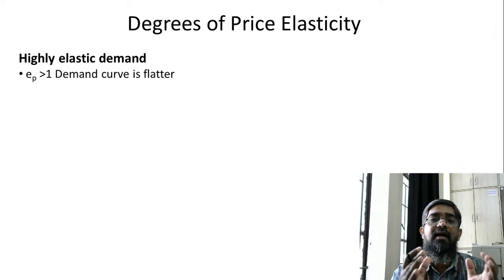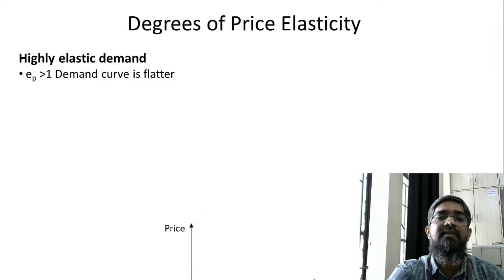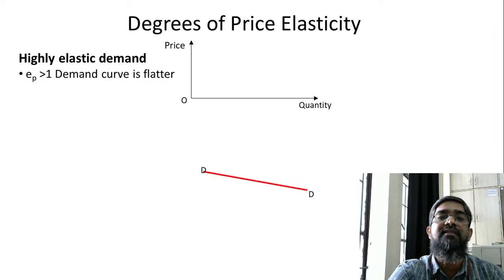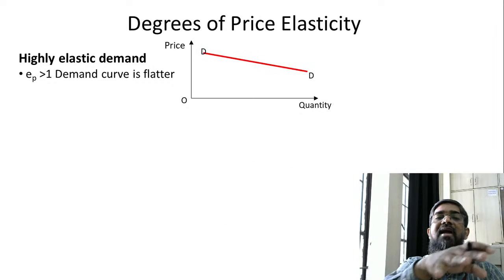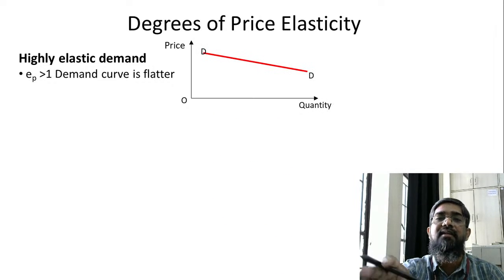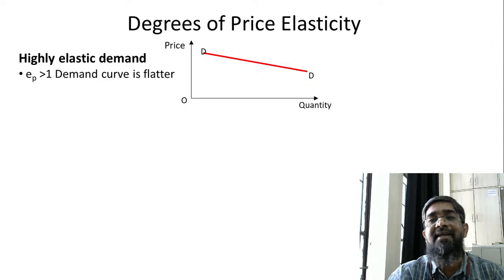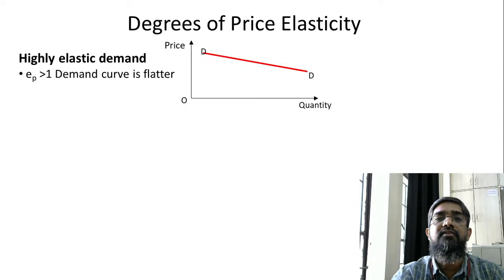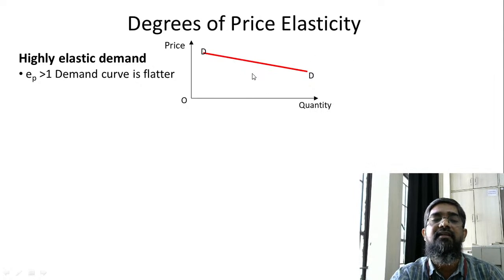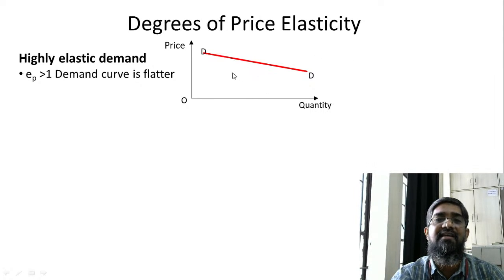That means the change in quantity demanded will be more noticeable for a small price change, and in this case the demand curve is like this. You can see it is flatter, more or less a little bit parallel to the x-axis. So this DD is your demand curve, right? It is flatter, steepness is very less, right?